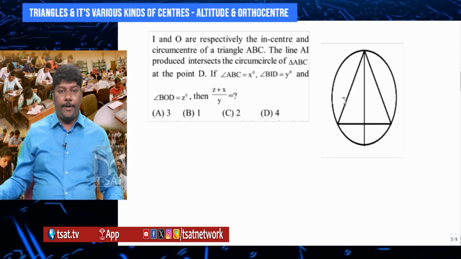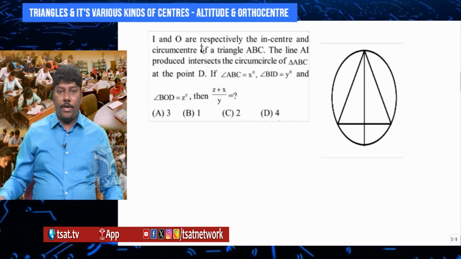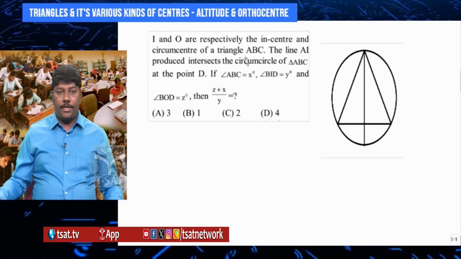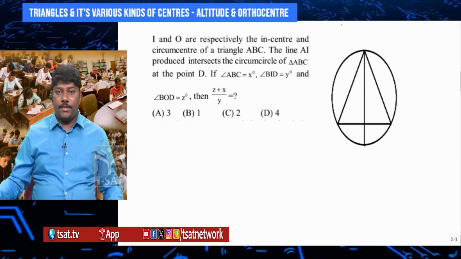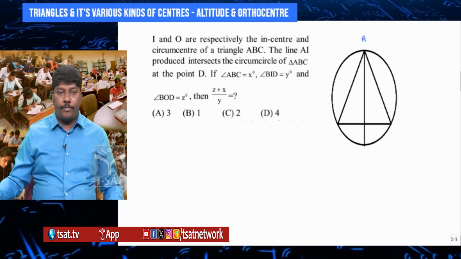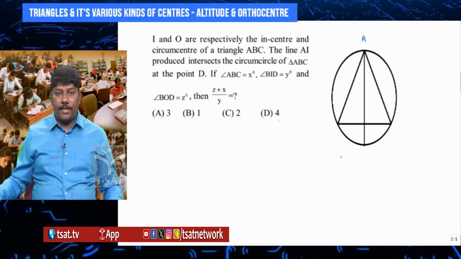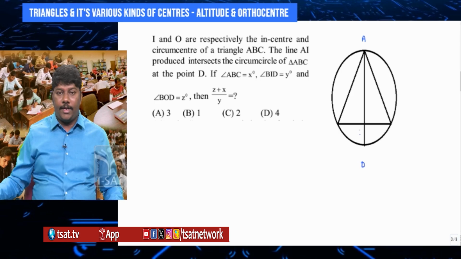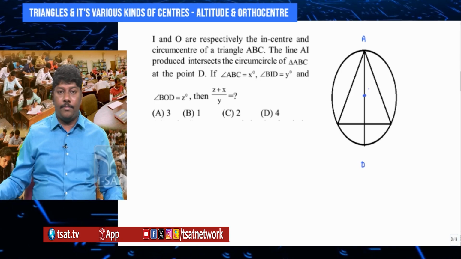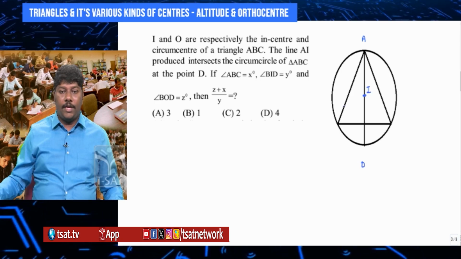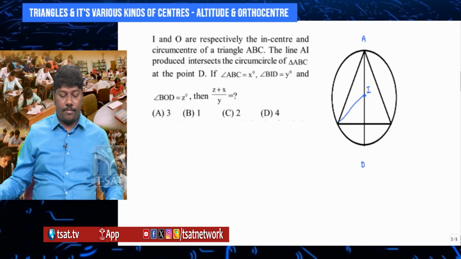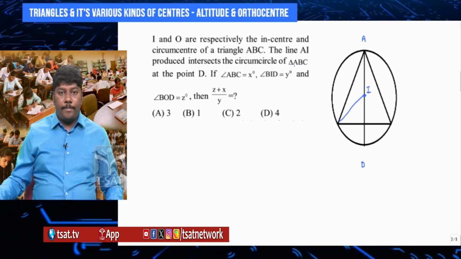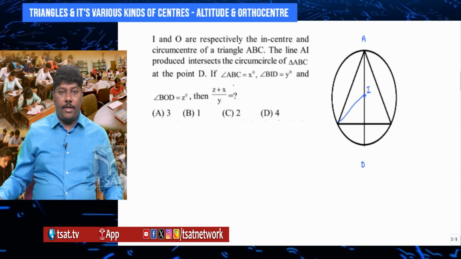This is the figure I got here. I and O are respectively the incenter and circumcenter of triangle ABC. The line AI is produced to intersect the circumcircle at D. Here I am taking the incenter I. The incenter is where the angular bisectors meet.